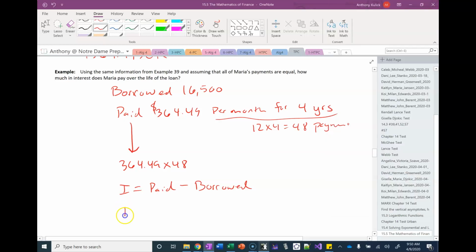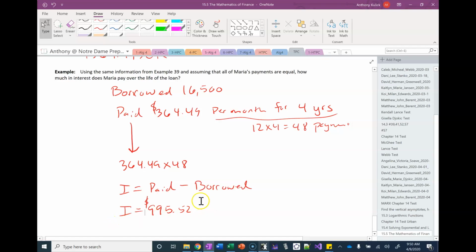So we paid almost $1,000 in interest, $995.52-ish. So maybe you think twice about trying to buy that car on a loan, right? You end up paying an extra $1,000.